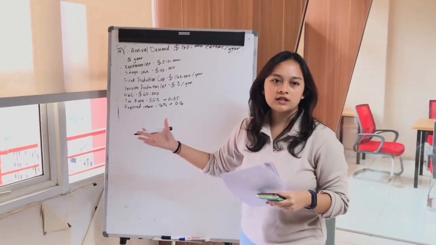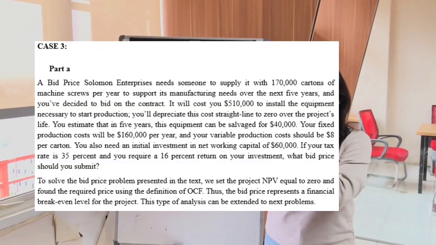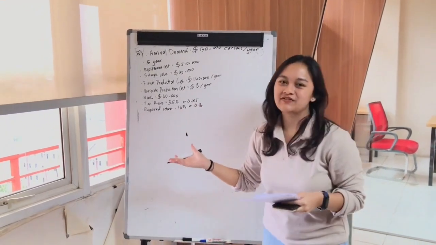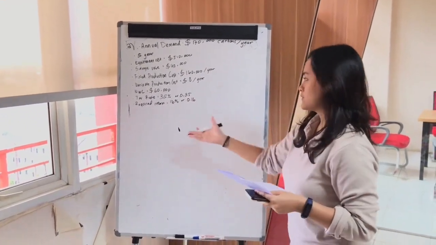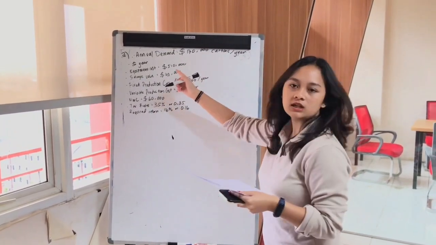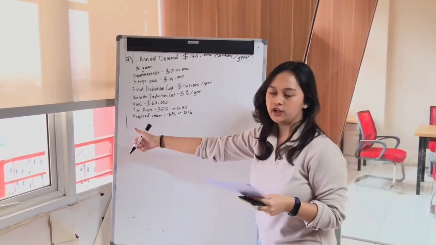We'll be talking about solving the question. For question number 3, let's start with number 8. There's a given on this, and this is the case study. We know from the case study that the annual demand is 170 cartons per year, estimated for 5 years.